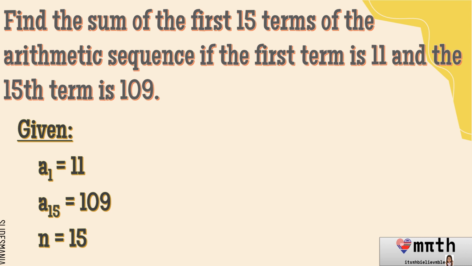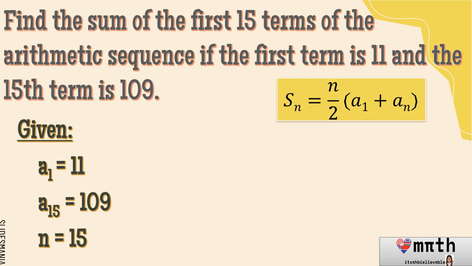As you notice, in this example, we do have the value of the last term. Since we have the value of the last term, this arithmetic sequence is a finite arithmetic sequence. So, since it is finite, we use the formula S sub n is equal to n over 2 times a sub 1 plus a sub n. Substituting the values from the given, that would be S sub 15 equals 15 over 2 times 11 plus 109.